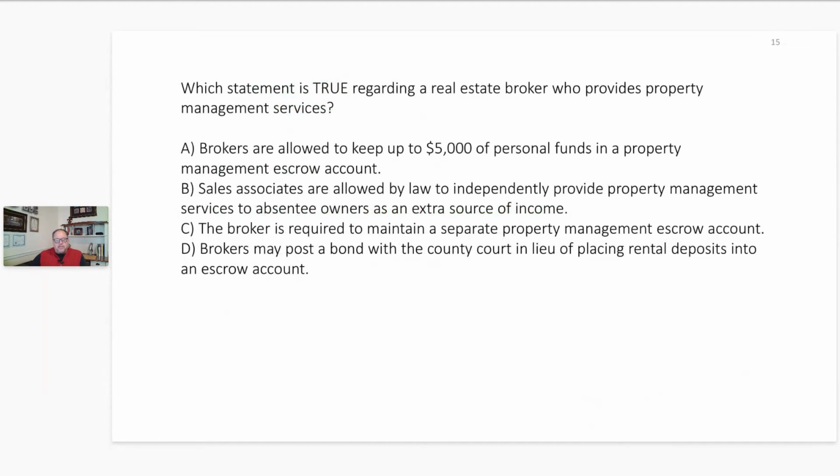All right. Which statement is true regarding a real estate broker who provides property management services? What do you think? Which statement is true?